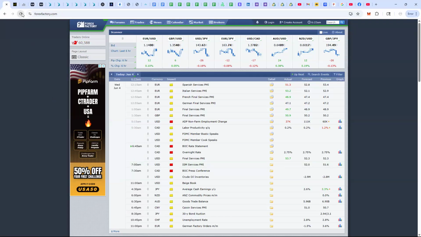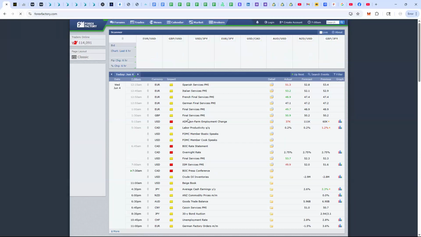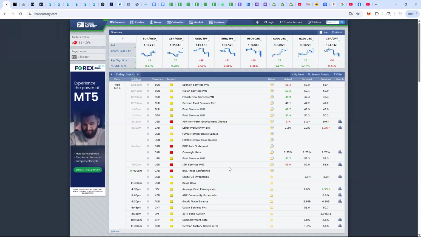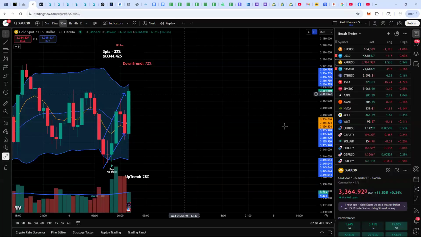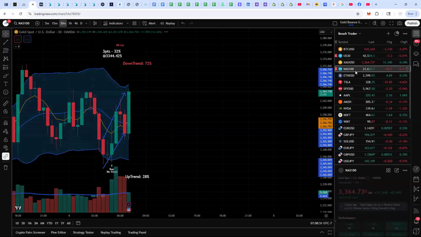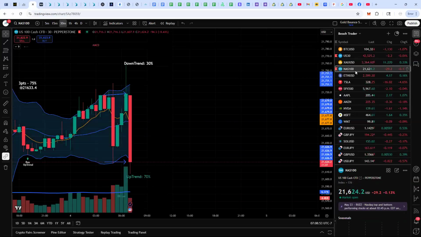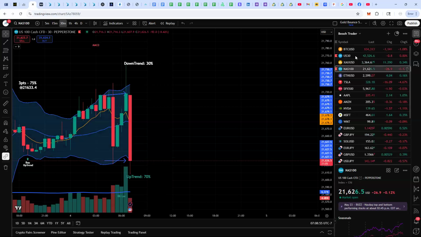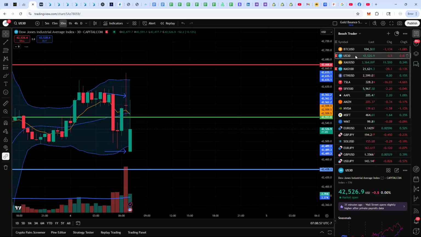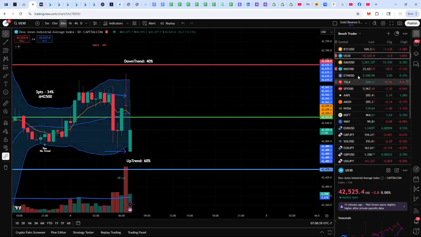We've got to refresh it to see. Gold is going really up. Yeah, bad news again. So we got two bad news things in our economy that were predicted the wrong way, and that's what shot gold up so quick. That's what shot Nas down so quick. Let's see US 30. US 30 is trying to go back down also.